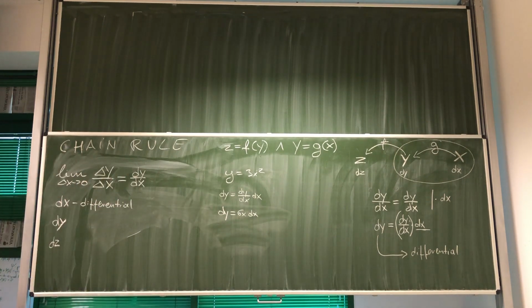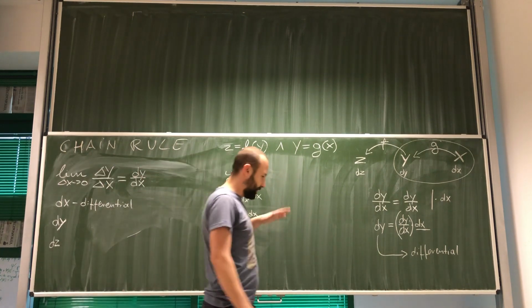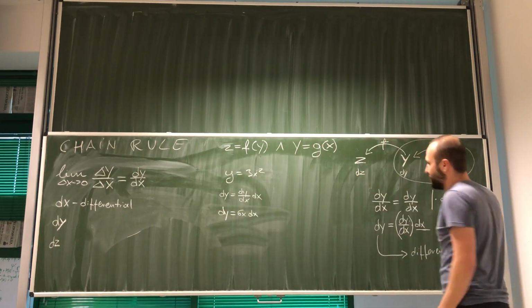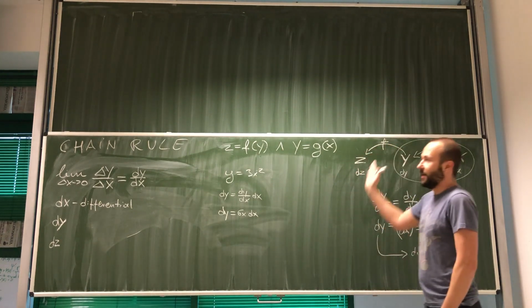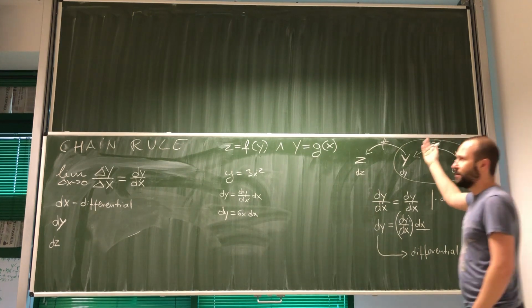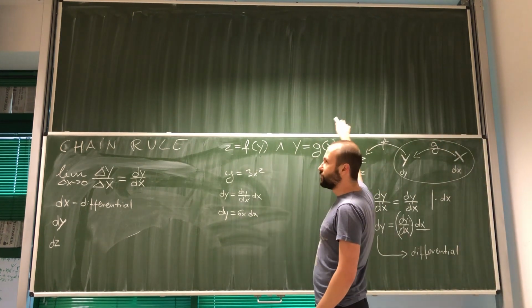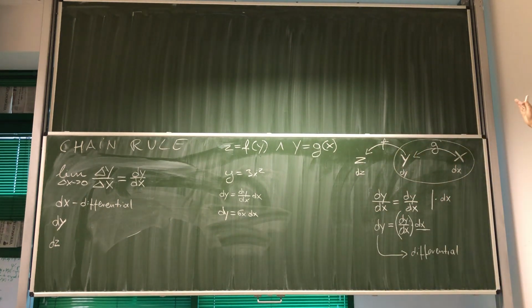And look, the difference between a linear and a quadratic function is that a linear function has the same slope. It's a straight line. A quadratic function is increasing, and when we move to the positive values, it's going up faster and faster and faster.